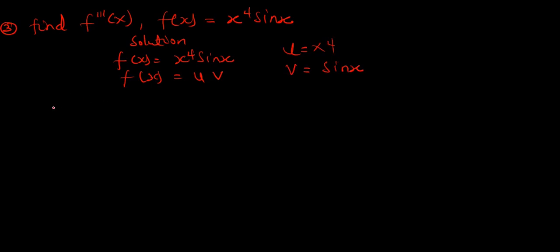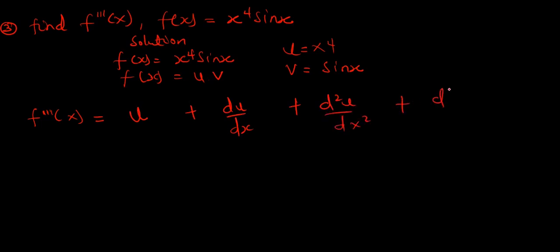Okay, now our f triple prime of x is going to be, okay, so here you need to know how to expand the Pascal's triangle and some little bit of trick. So here what you do, you write u plus the first derivative of u with respect to x plus the second derivative of u with respect to x plus the third derivative of u with respect to x.